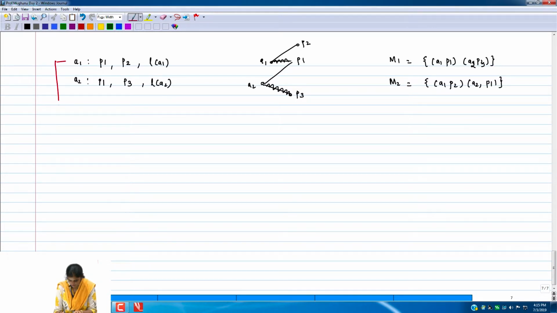So this is modified to A1 with just P1, and A2 will not change the preference list. A2 is a very honest person, and this LA is anyway a pre-processing that we have done, but how is this instance different from this instance?